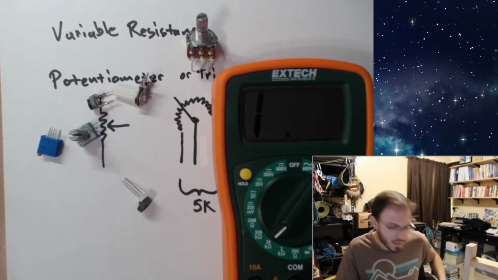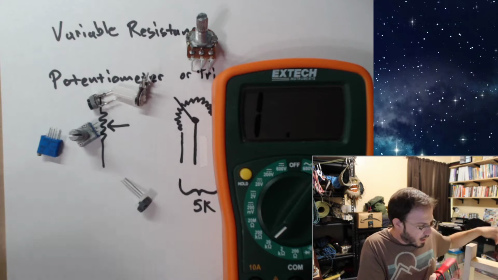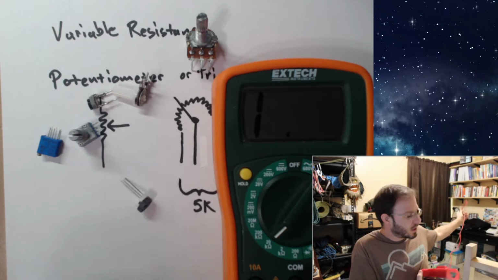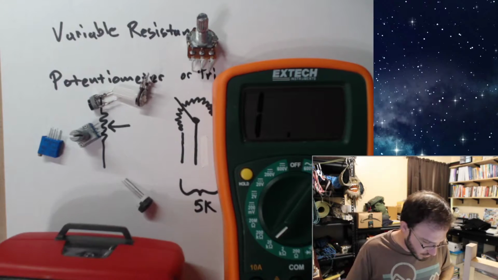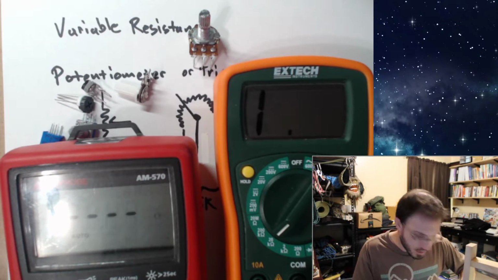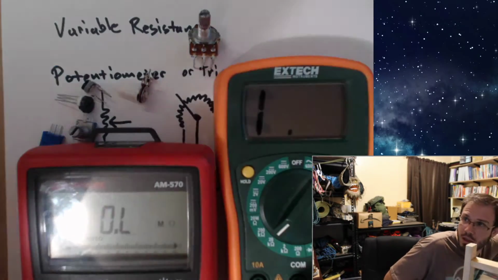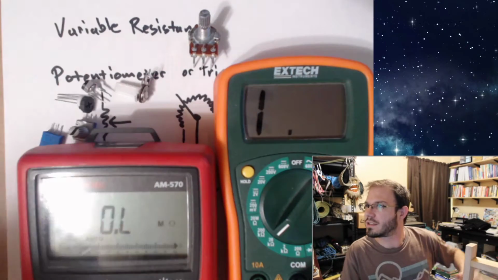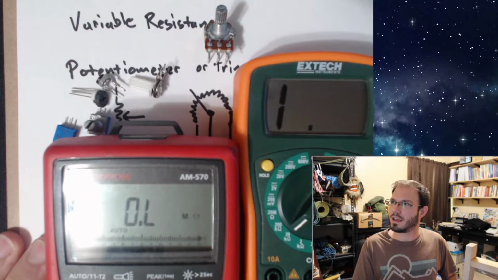That's okay, we can still read the value. Okay, and over here, I'm gonna take my other multimeter. Set this over to resistance as well. Now I have too much glare. Okay, I guess we're just gonna let the camera do its thing there.